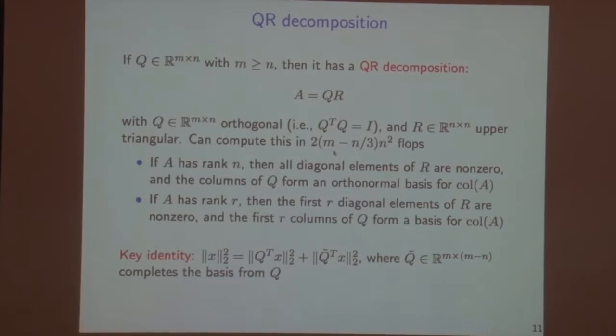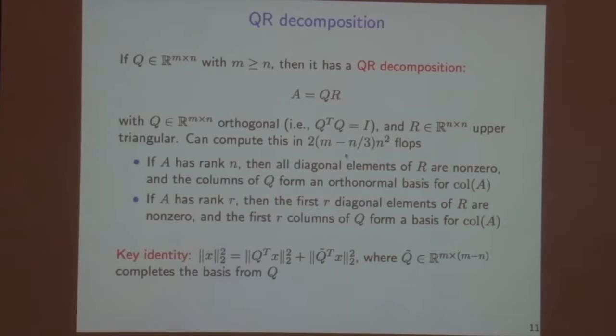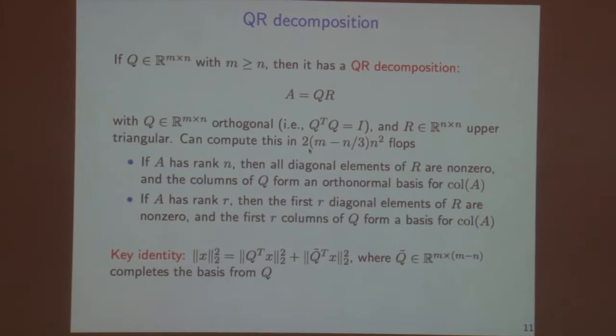If you want to put it on the same scale as the Cholesky, just think about it being square, and it costs something like n cubed flops.